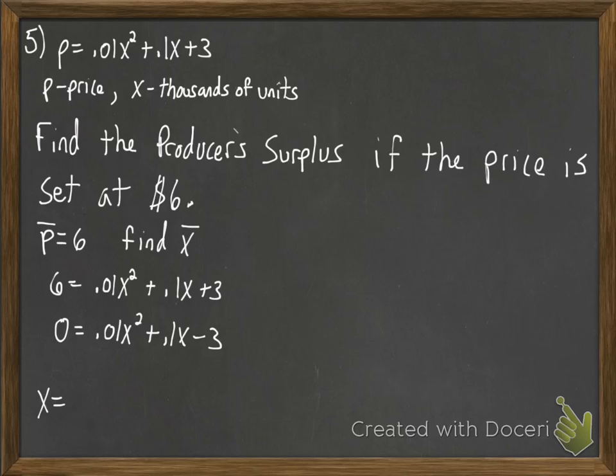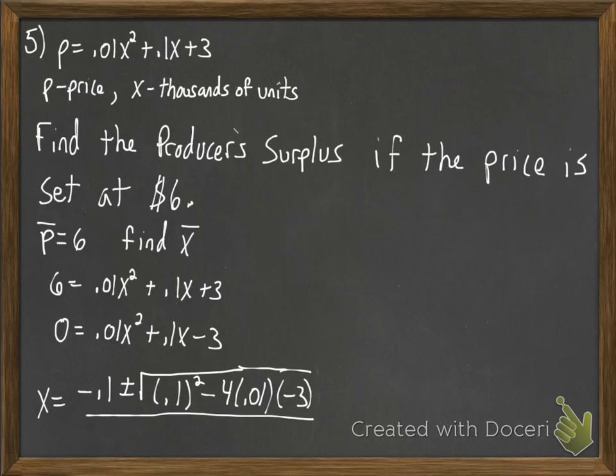So x would be negative b plus or minus the square root of b squared minus 4 times a times c, all divided by 2 times a.